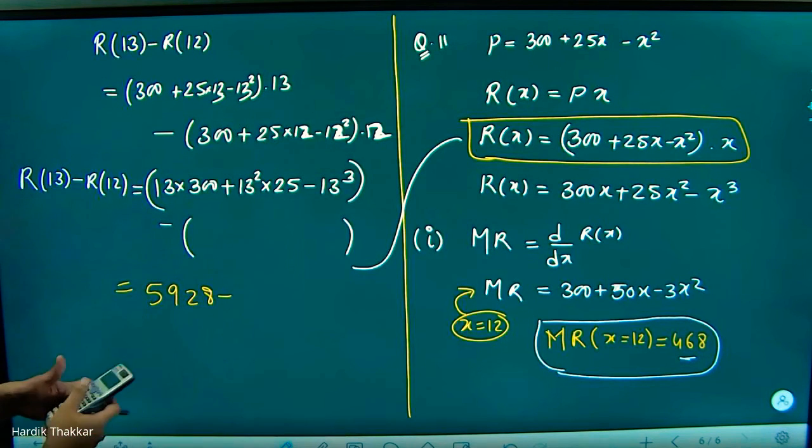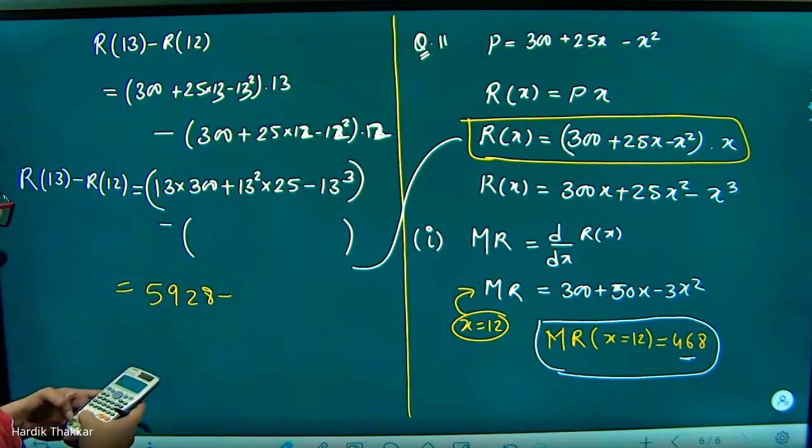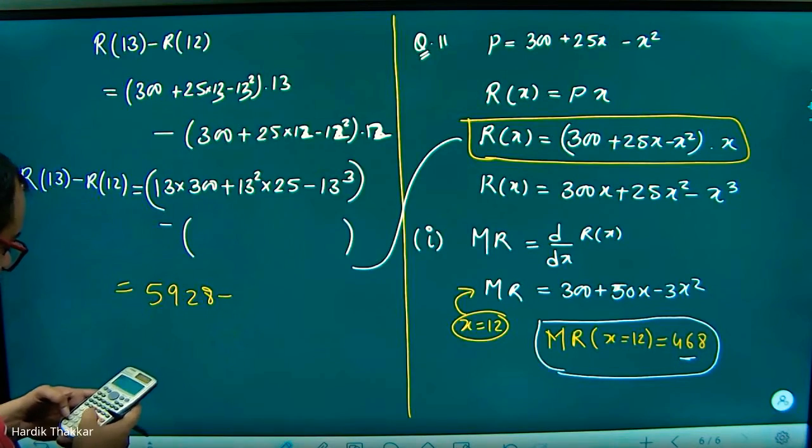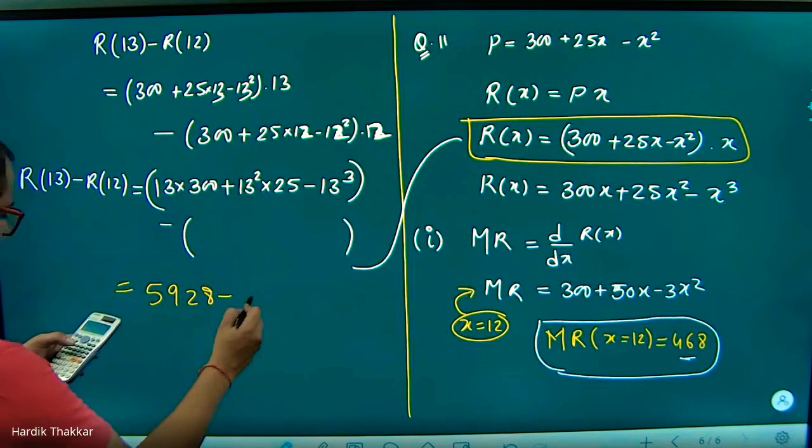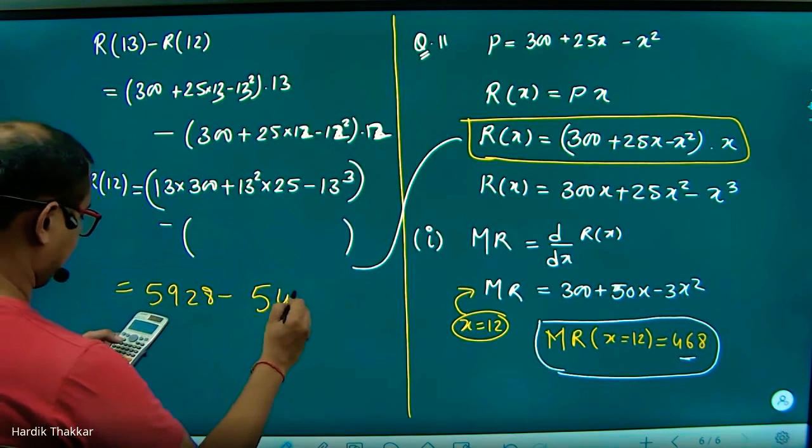Then 300 into 12 plus 25 into 12 square minus 12 cube gives 5472.